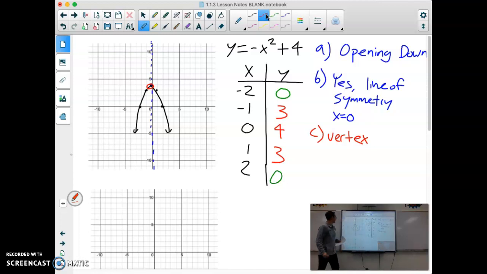That's the one special point, our vertex. Looking at this graph, there are also two other special points I can see, which would be these 2 points where our graph crosses the x-axis. So we have our x-intercepts.